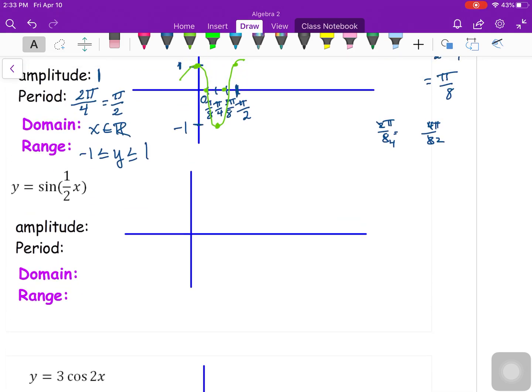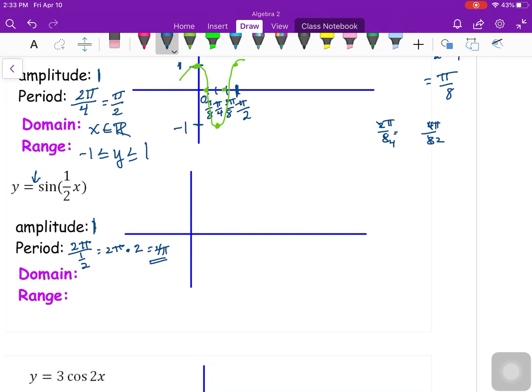So let's try sine of 1/2 x. My amplitude is still 1. My period for sine is 2 pi, but I need to divide out a 1/2. So 2 pi divided by a 1/2 is the same as 2 pi times the reciprocal of a half, which is 2, which gives me 4 pi.